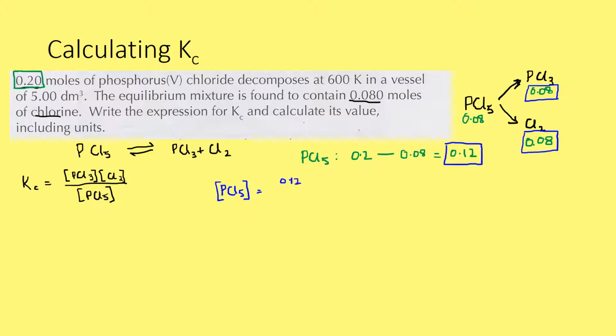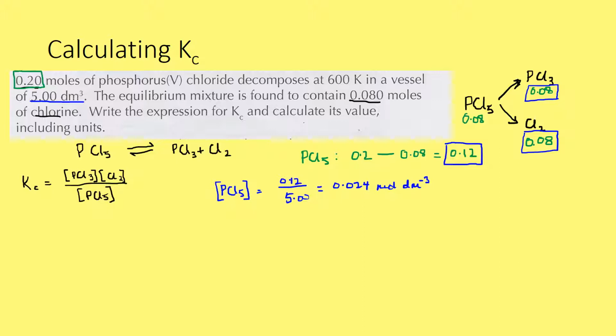Moles being 0.12, and volume conveniently is given to us in dm cubed, so we don't have to do any conversions of units there. So it's 0.12 divided by 5.00. And that works out at 0.024 moles per dm cubed.